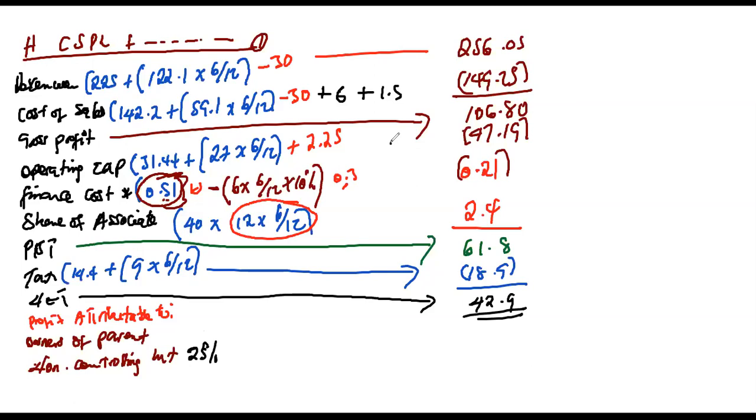We need to establish which figure is supposed to go to the owners of the business. You see, not everything in this profit belongs to us. Some other things belong elsewhere. Let's go to the question and look at something here.